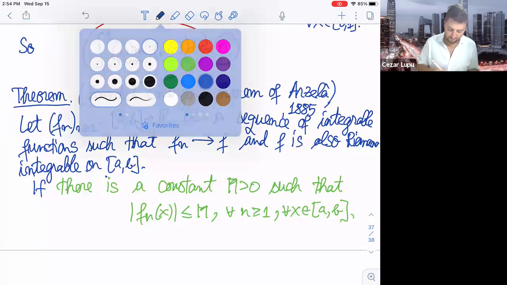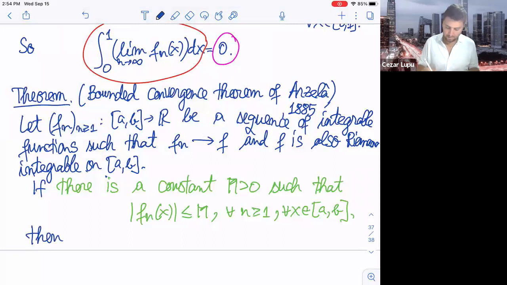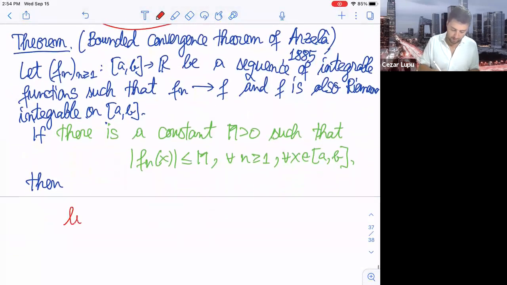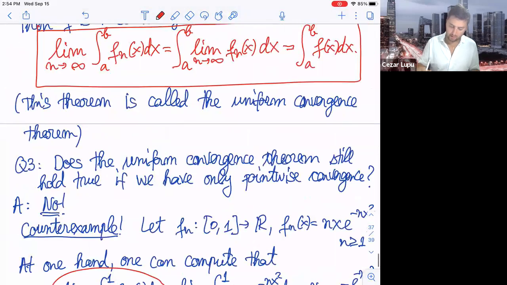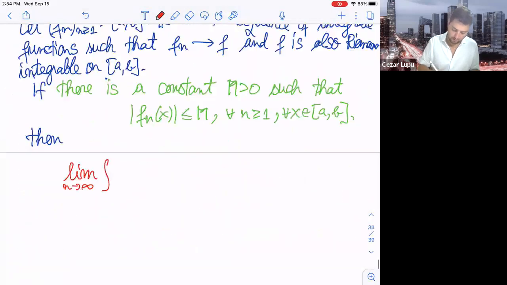So then we have the limit as n approaches infinity of the integral of Fn of x dx.